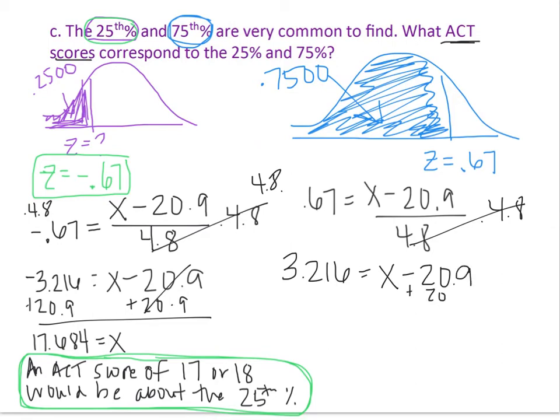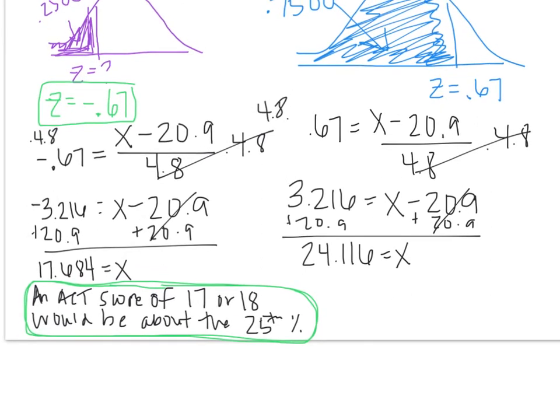When I add 20.9 to both sides, I get 24.116 equals x. So my final answer for the 75th percentile would be an ACT score of 24 would be about the 75th percentile.